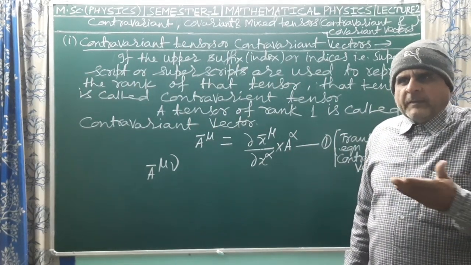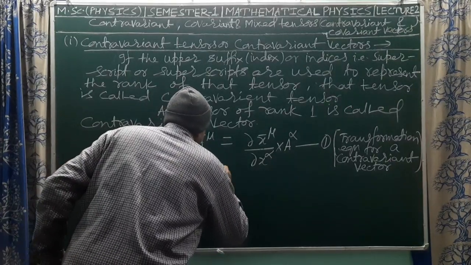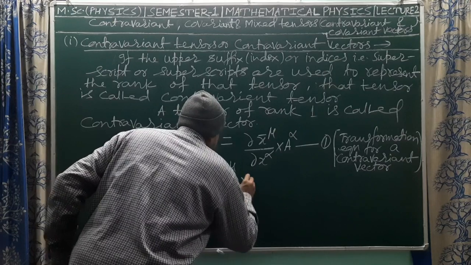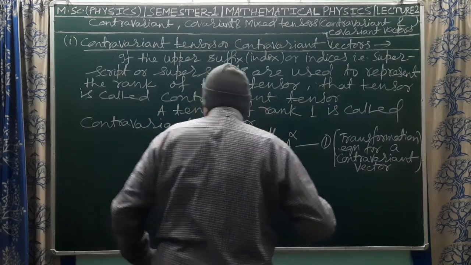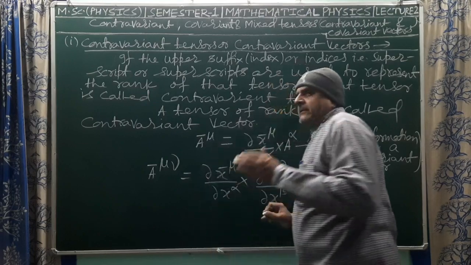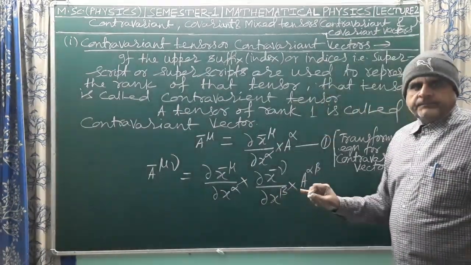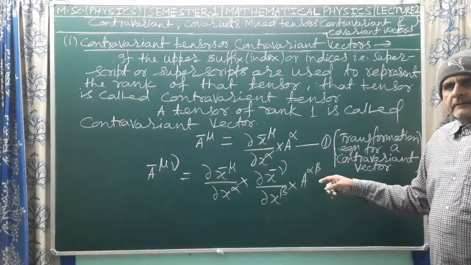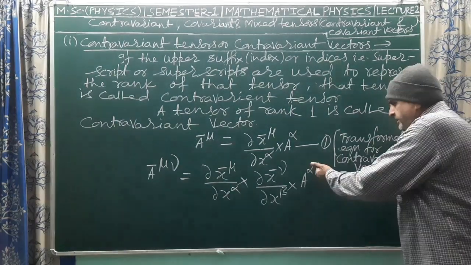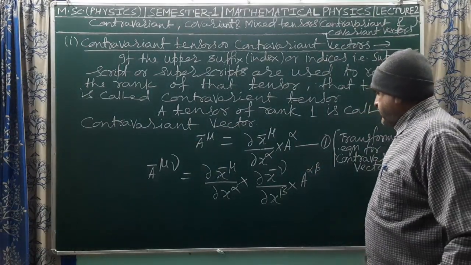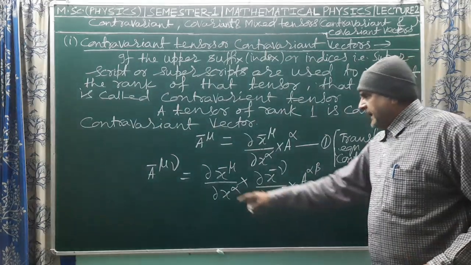If these quantities obey the transformation equation a bar mu nu equals del x bar mu upon del x alpha multiplied by del x bar nu upon del x beta multiplied by a to the power alpha beta, where alpha and beta are indices used as superscripts or upper indices, then this is the transformation relation for a contravariant tensor of rank 2.